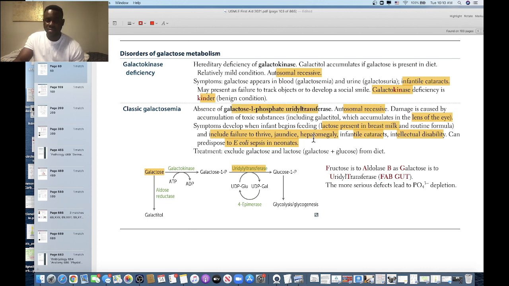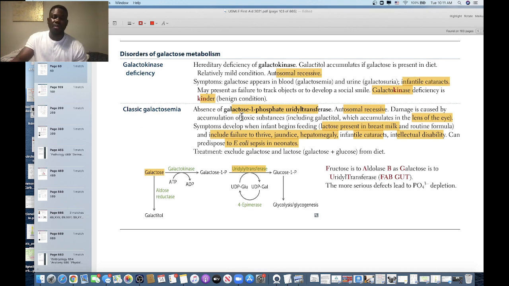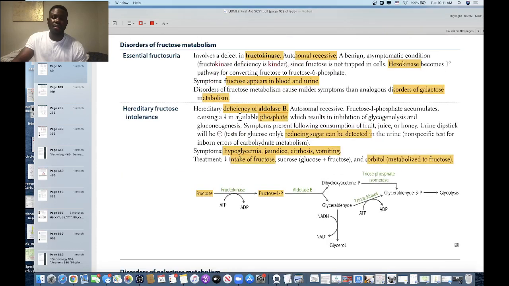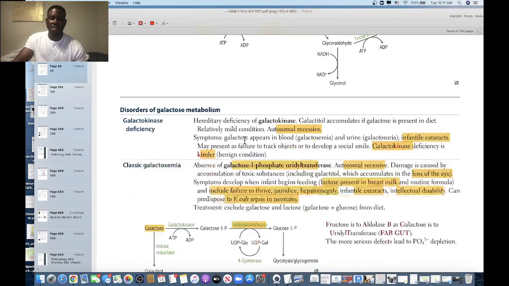And here, the high yield thing that you want to know is that galactose 1-phosphate will cause hepatomegaly, right? Because the one phosphate over there will prick the liver, and that will cause liver problems. So hepatomegaly, take note. Once you see that the liver enzymes are high, maybe AST, ALT are high, or they tell you the person has hepatomegaly, you want to start looking at classic galactosemia, or hereditary fructose intolerance.